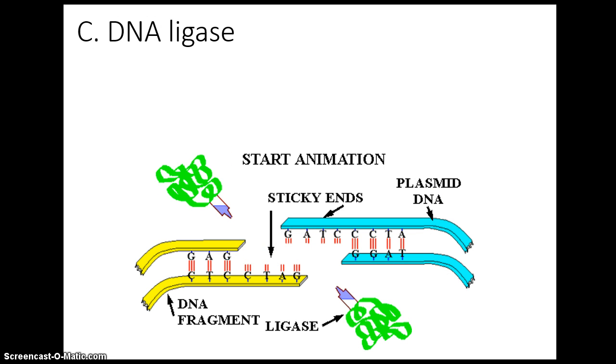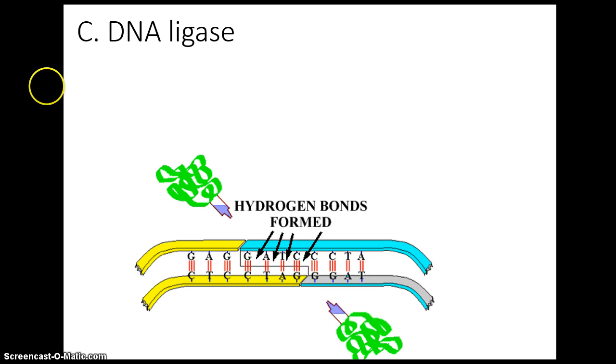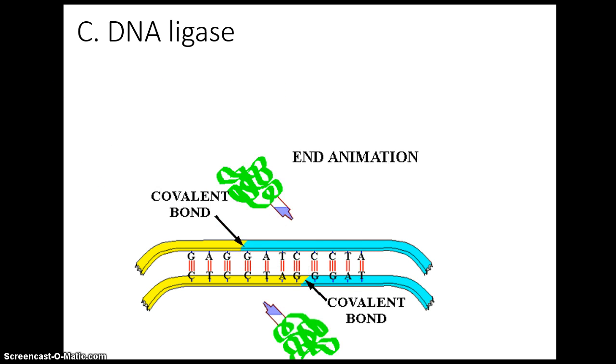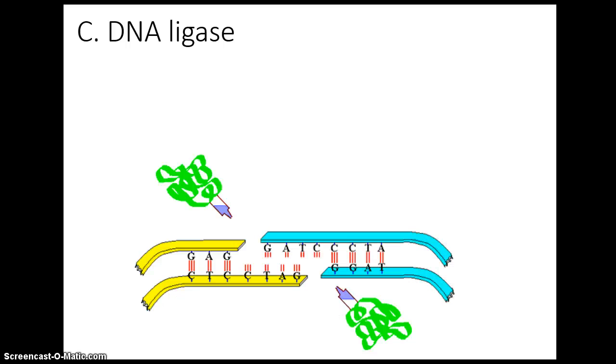And DNA ligase is the enzyme that actually goes in there and seals the nicks, binding them all together. You can see that in this animation here. You have the sticky ends with corresponding sequences that go together.